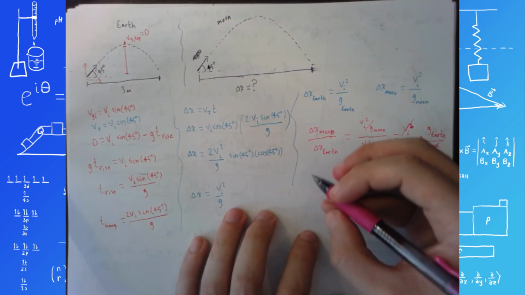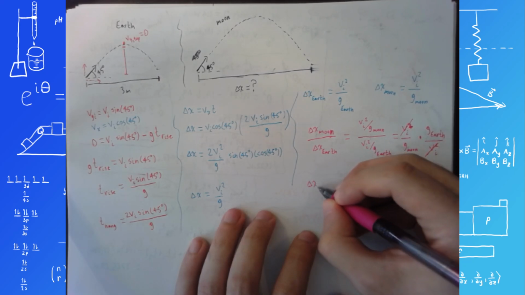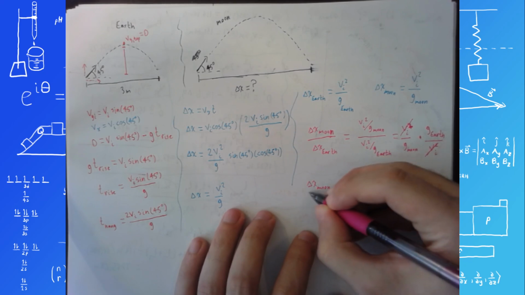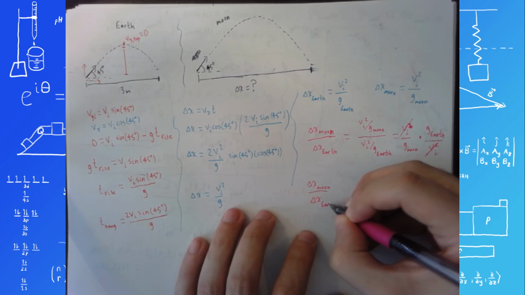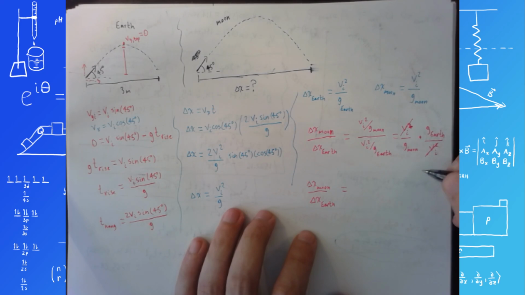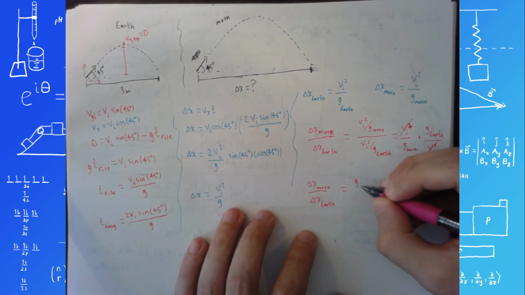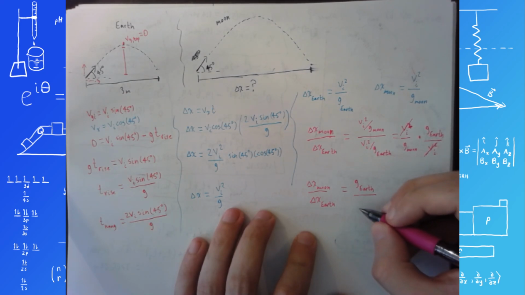And g Earth over g moon, well, delta x moon over delta x Earth is equal to g Earth over g moon. That's g Earth over, they told us that g moon is 1/6 of g Earth.